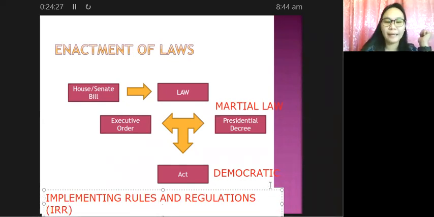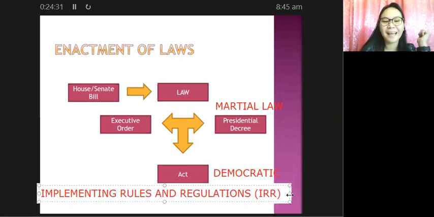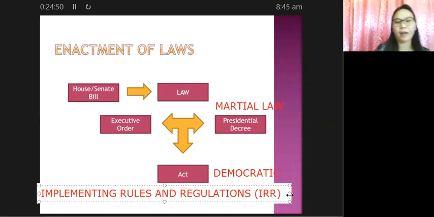Your IRR is not drafted by the Congress of the Philippines. It is actually drafted by an administrative agency under the executive branch following the enactment of a particular law.